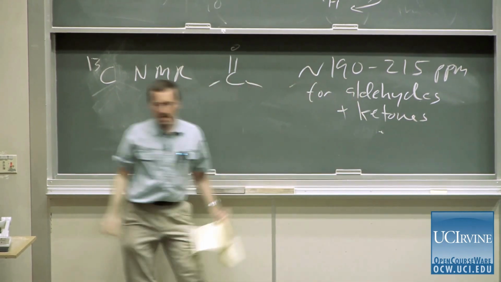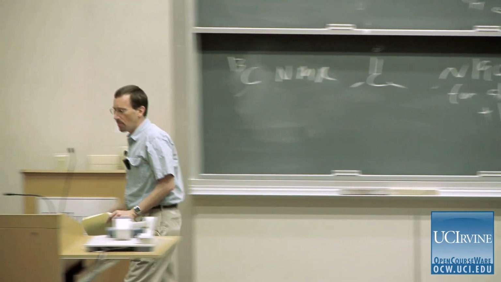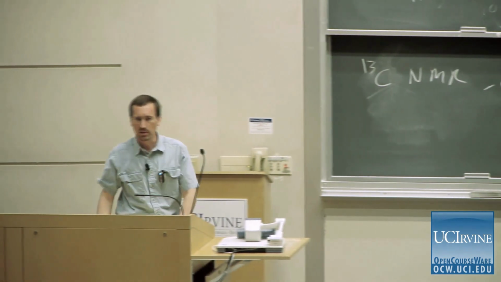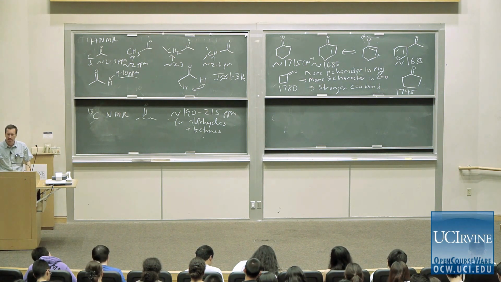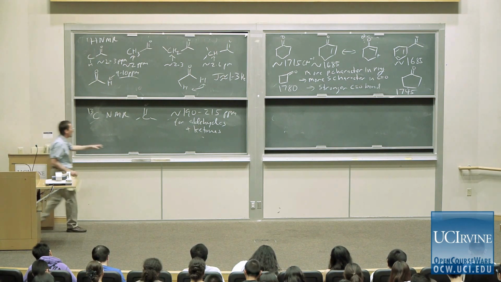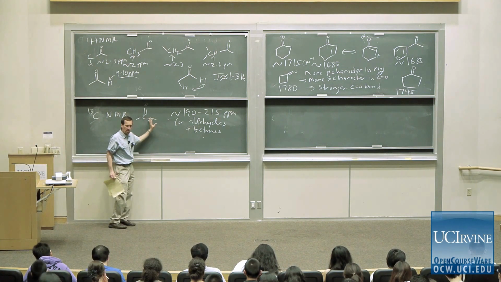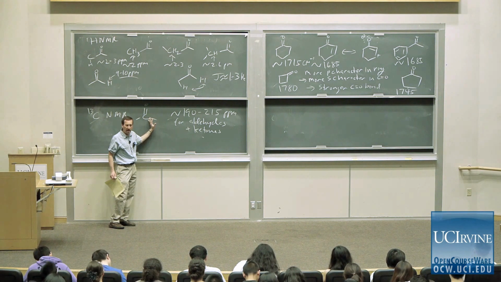The carbonyl of ketones tends to be a little bit more toward the downfield end, a little bit more toward the 210, 215. The carbonyl carbon of aldehydes tends to be a little bit more toward the upfield end, maybe 195 being a typical value for aldehydes.